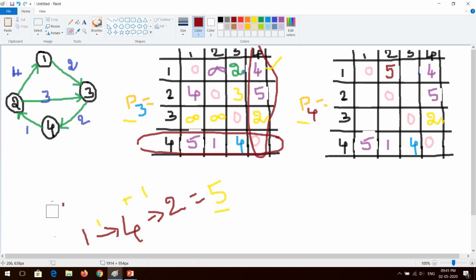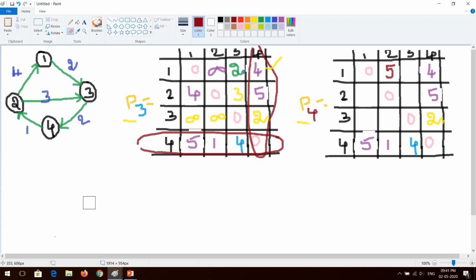See, if I am calling 1 to 2, if I am taking 2 as intermediate vertex, I can consider 1 also as an intermediate vertex. Are you able to get my point? If I am traversing with 1 as intermediate, I can move with 1 only.